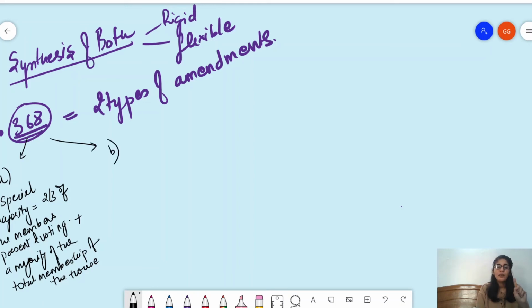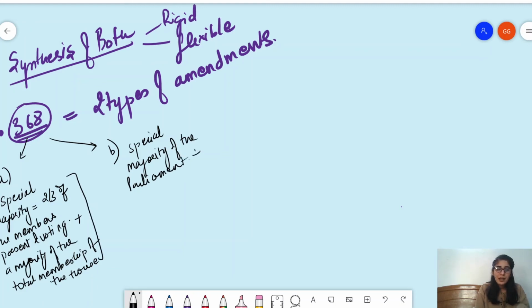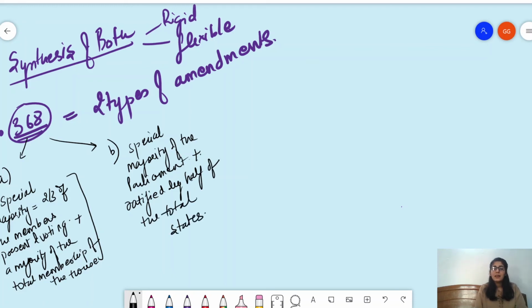The second way of bringing amendments is a special majority of the parliament, that is this process in entirety, plus it has to be ratified by half of the total states. You understand? The states also have a say when we are talking about important amendments to the constitution.